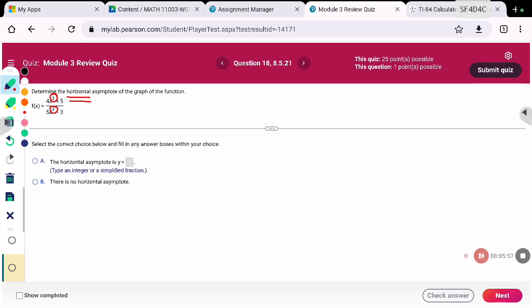So when those degrees are equal, your horizontal asymptote is going to be at y equals, then you just make a fraction out of those leading coefficients. So I have 4 over 5. So y equals 4/5 is your horizontal asymptote.